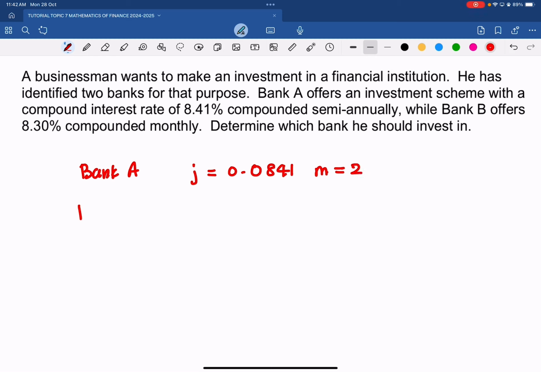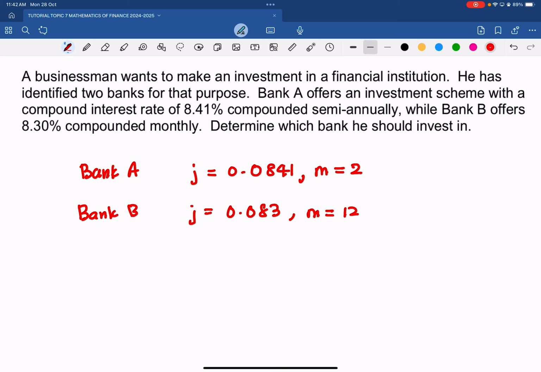While Bank B offers J12 equals 8.30%, meaning 0.083, compounded monthly, M equals 12. Determine which bank he should invest in.